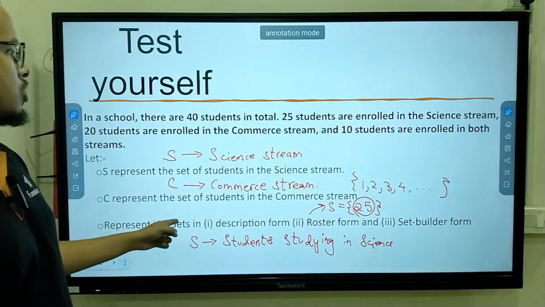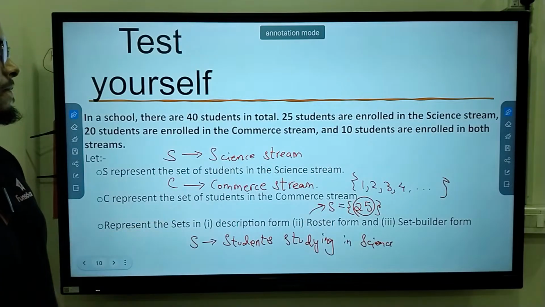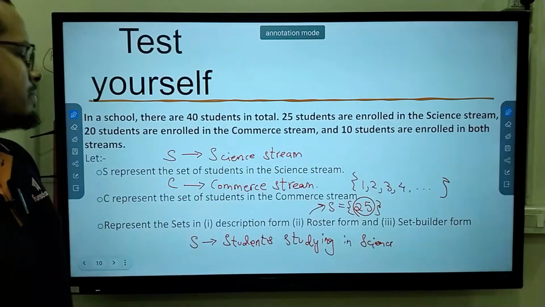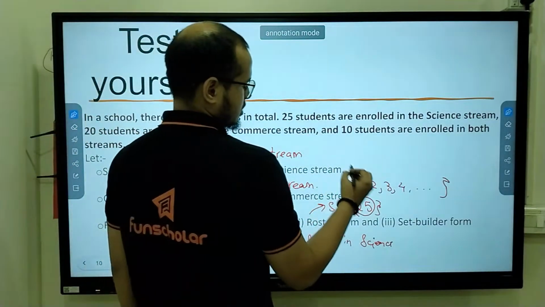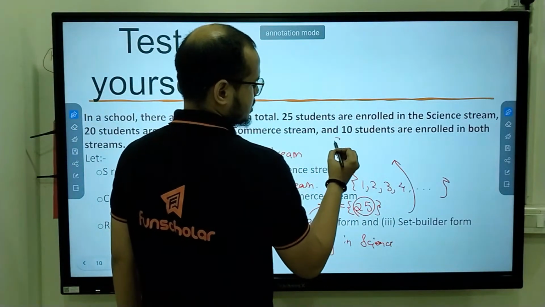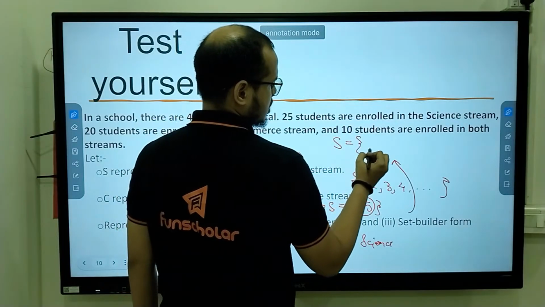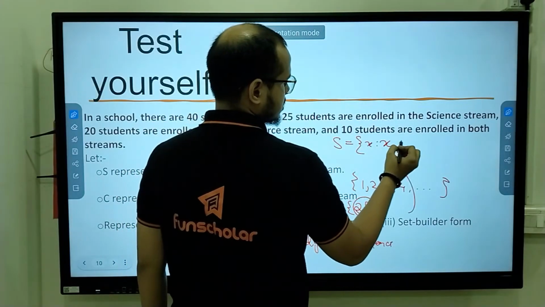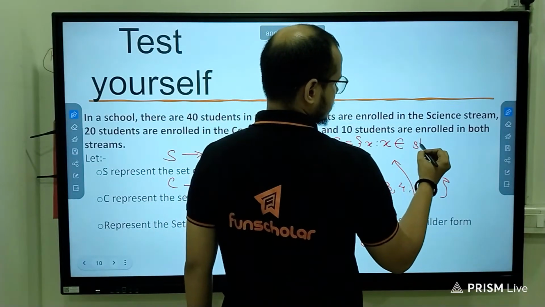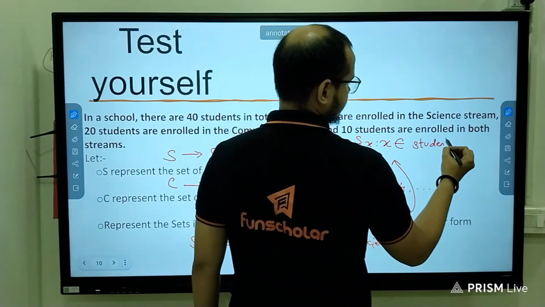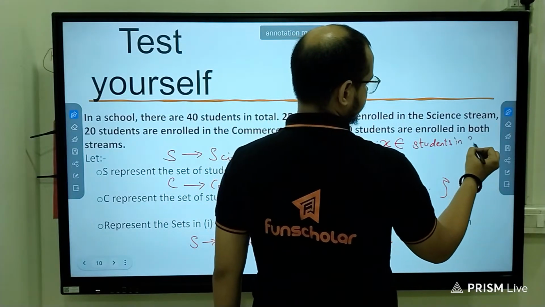Similarly for the commerce students. And lastly, set builder form: S is equal to x such that x belongs to students in science.